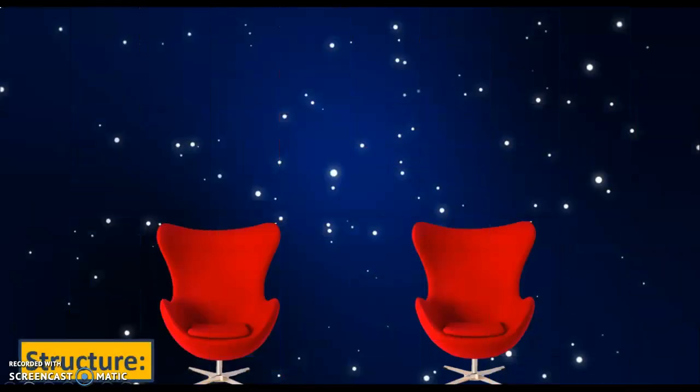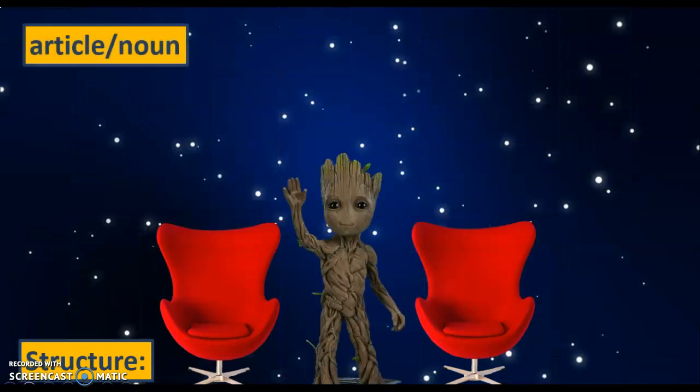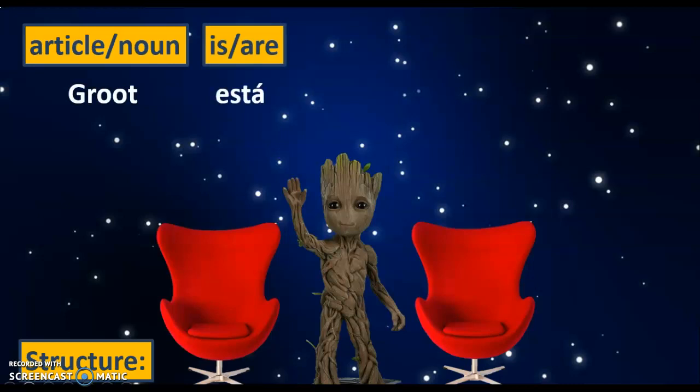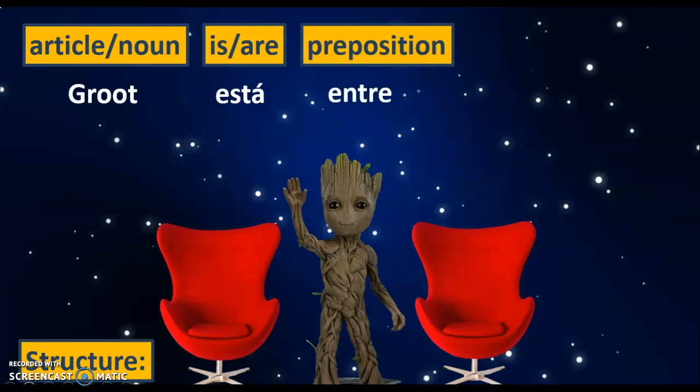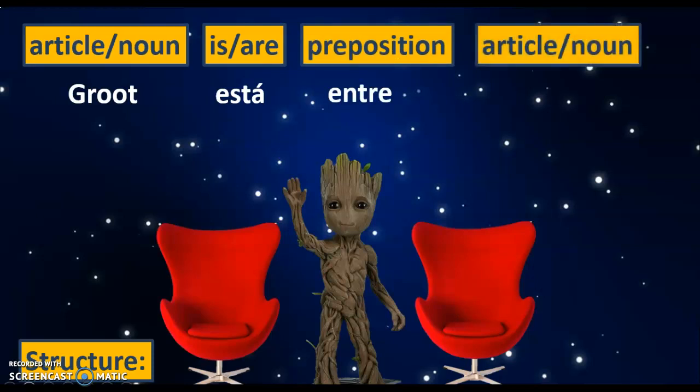Let's look at another example. The noun in this case is going to be Groot again. Groot está. Your preposition in this case would be entre. And then you can finish it up with las sillas because he's between two chairs, right? The chairs, plural, las sillas.